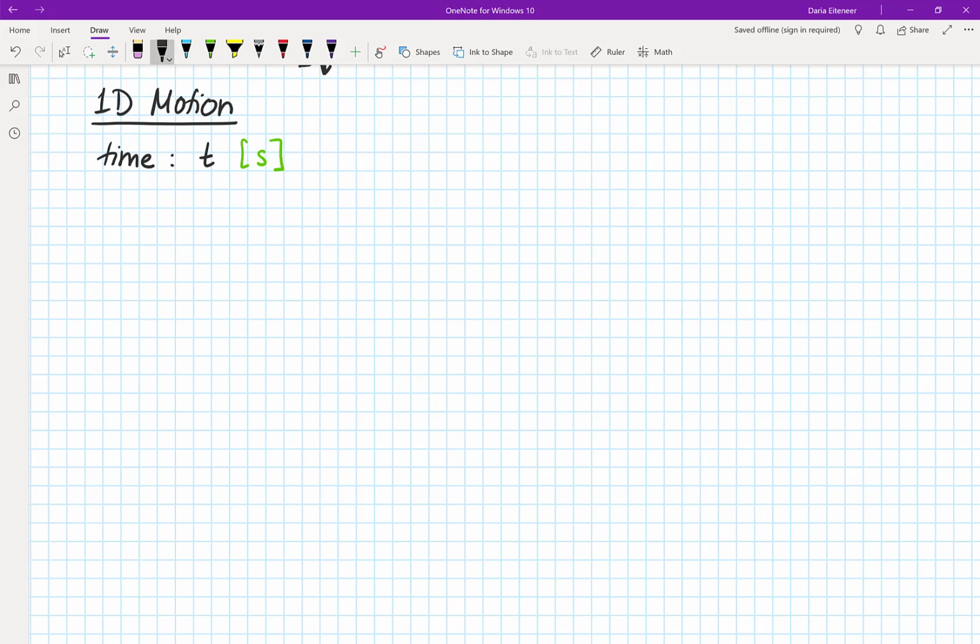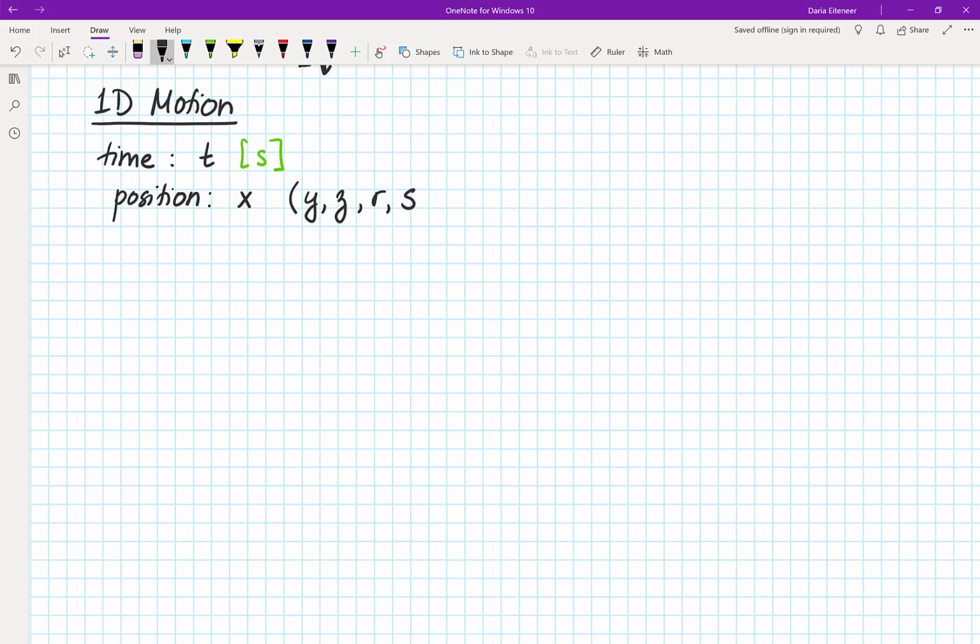The next quantity that we need is called position. I'm going to use x for now, because we're talking about motion in the x direction. But in general, there are a whole lot of different notations that vary depending on what source you're using. We can use y or z or r, s.